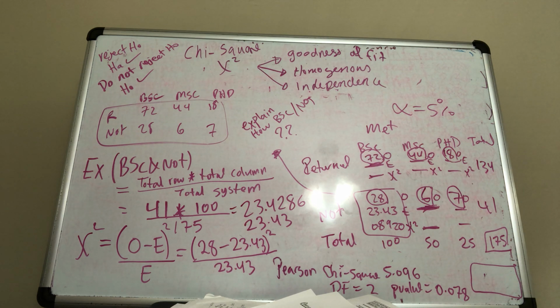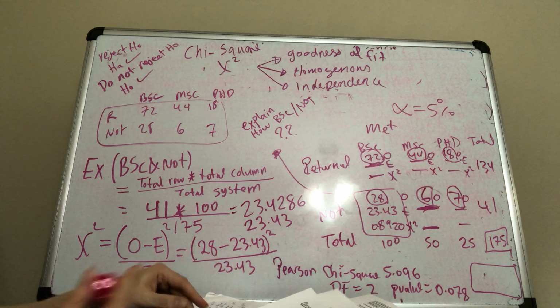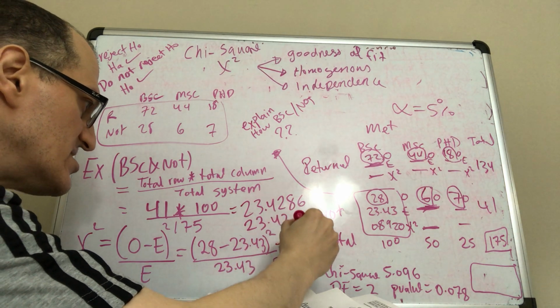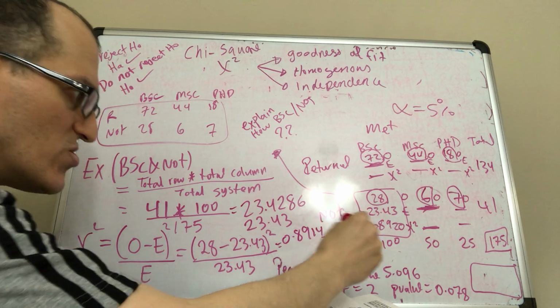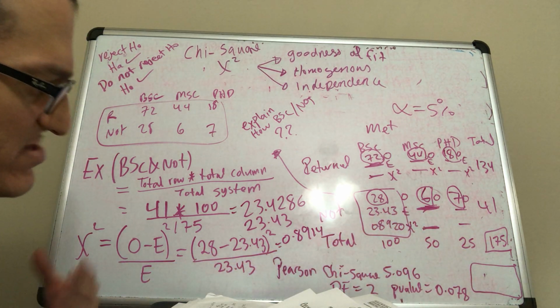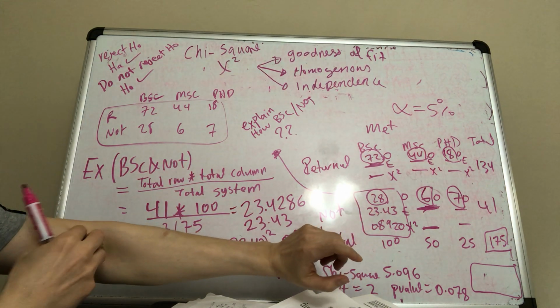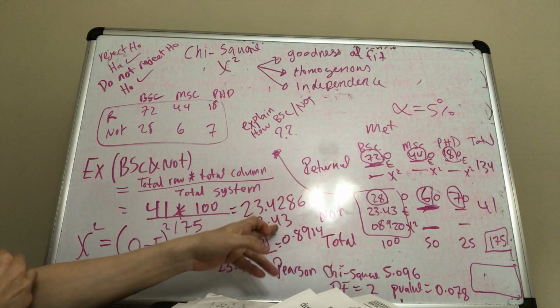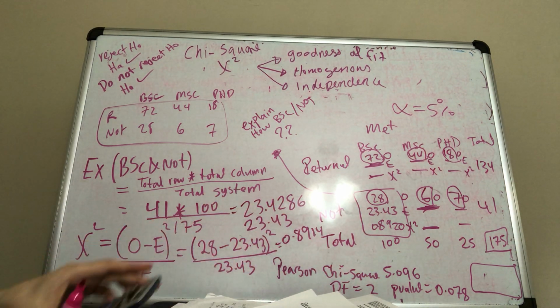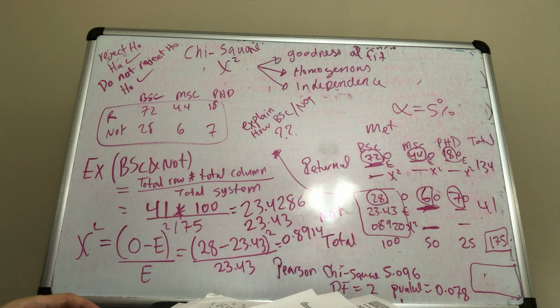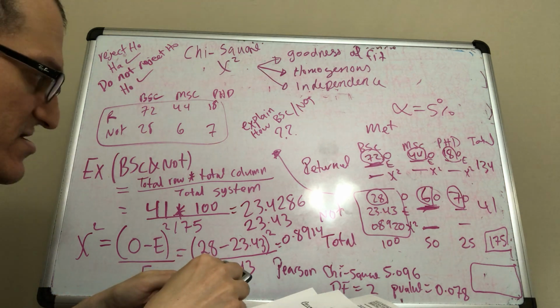So 23.43 squared over 23.43. This number is 8.914, but they rounded to 2 decimal places and they probably used the exact number. I used 23.43, but I'm supposed to use the exact number, 23.4286. If I use the exact number, I'll end up with 8.914.